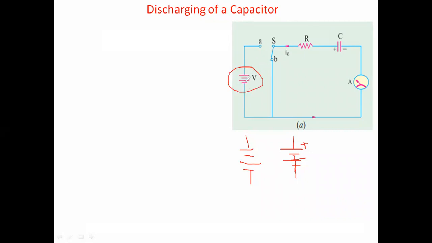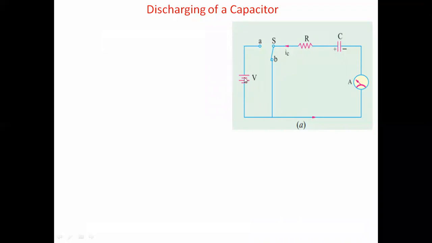Like this we can connect. This is the representation of the DC voltage: a long terminal and a short terminal represent the DC voltage. DC voltage is nothing but a constant voltage. There is no alternating of the voltage.